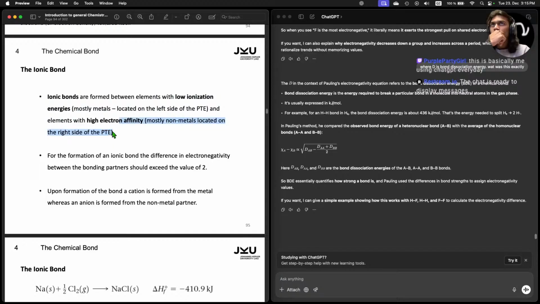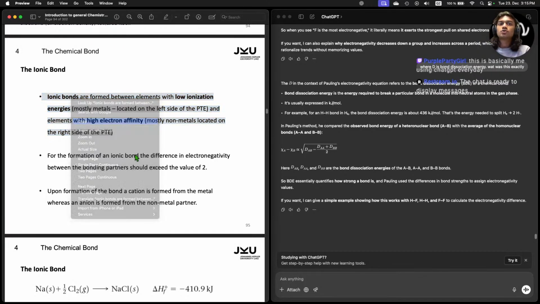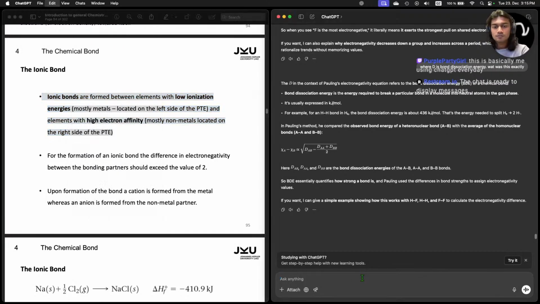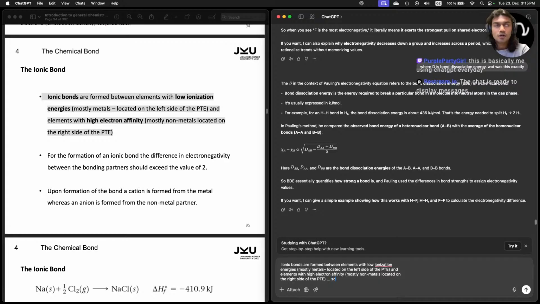Now, ionic bonds are formed between elements with high, low. Here, the low ionization energy means it's easier.